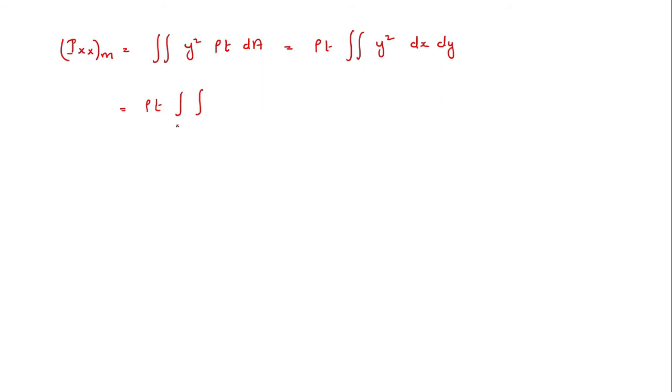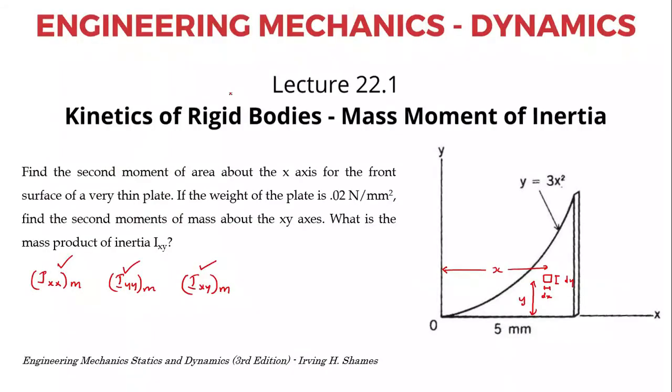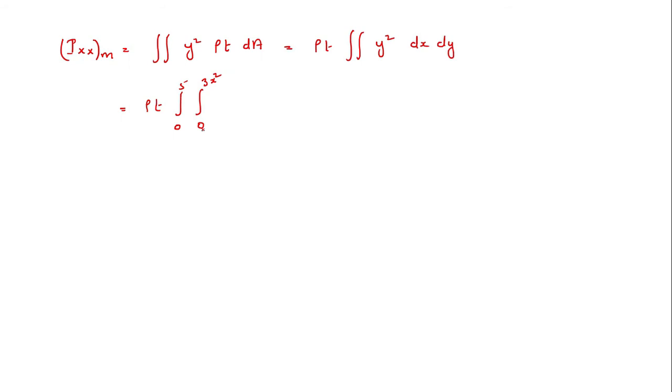Here x varies from 0 to 5 and y varies from 0 to 3x square. In this question, y will vary from 0 till the equation of this line, and that value is 3x square. So the integral will vary from 0 to 3x square, y square into dx into dy.